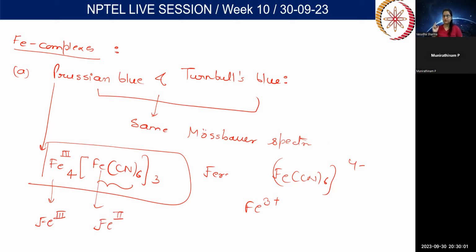So this is the first case. Second, in Turnbull's blue, we have iron Fe(CN)6. So this one is in 3 oxidation state, and the outer one is in 2 oxidation state.